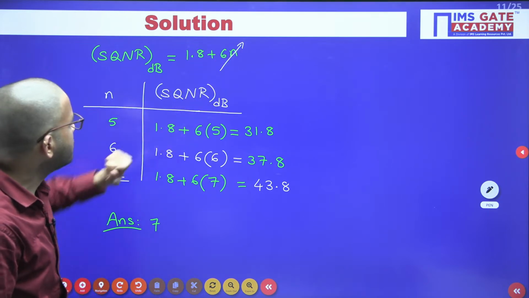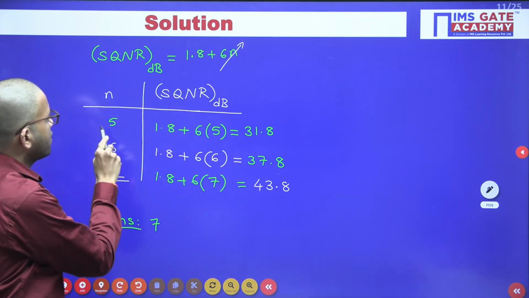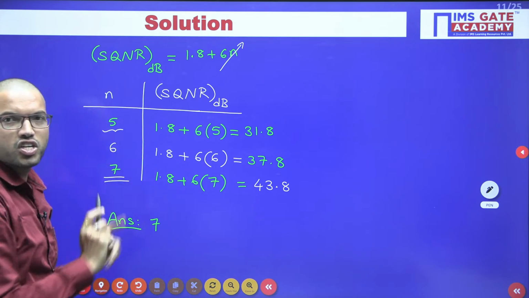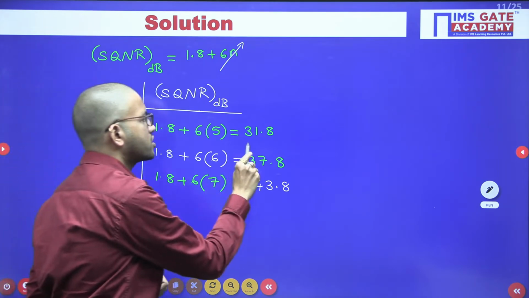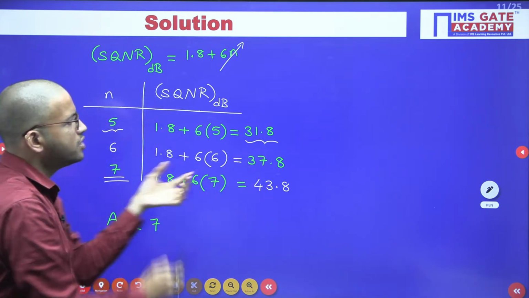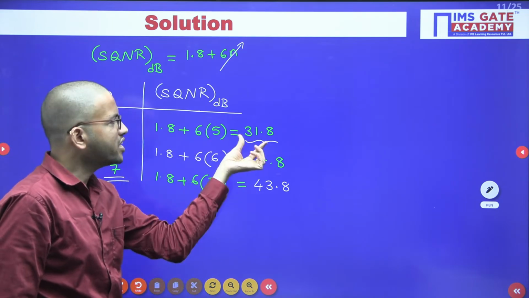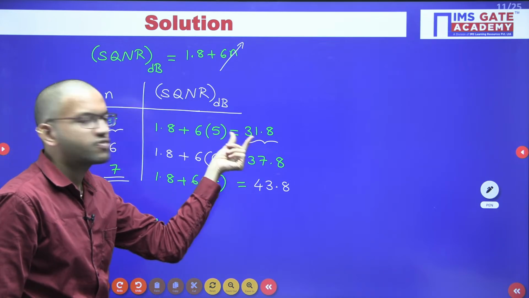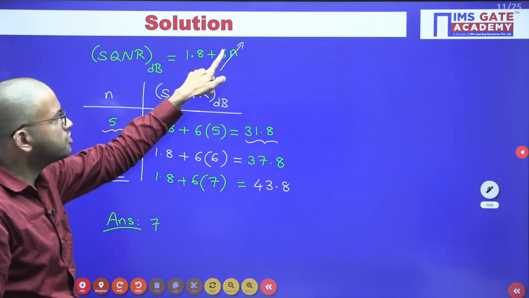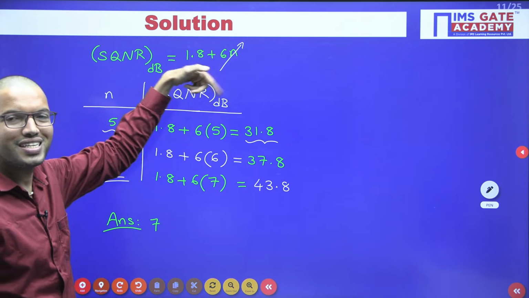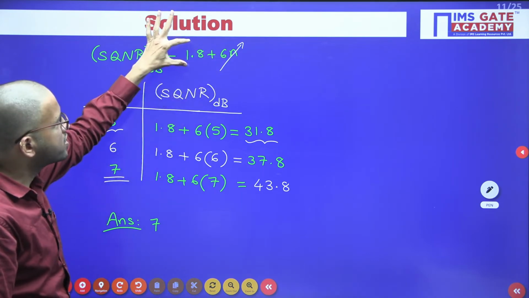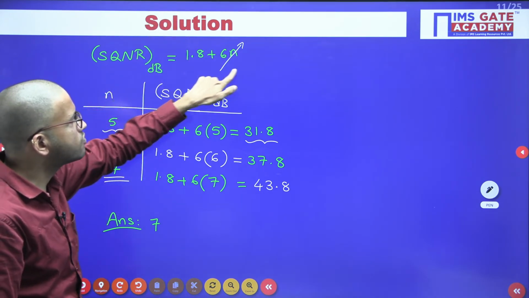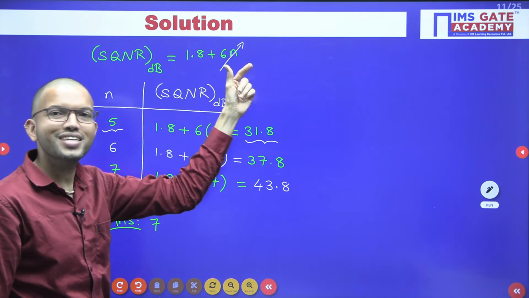Say, for example, when you considered 5 bits, you calculated the corresponding SQNR as 31.8, right? Now, once you know this value for 5 bits, if you increase one bit, obviously 1.8 is constant, and 6 into 1 is nothing but 6.